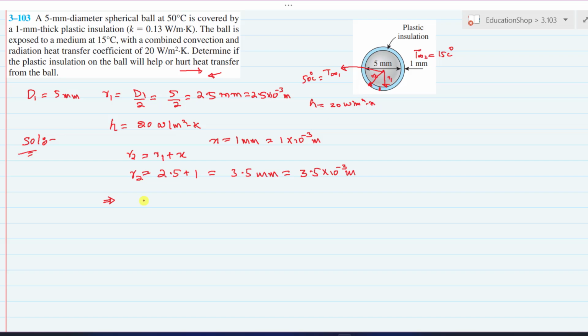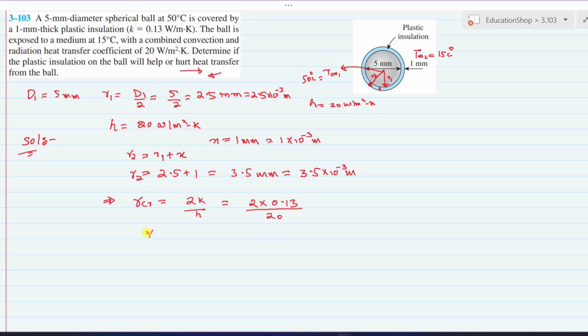Before deciding whether it will increase or decrease the heat transfer, we will calculate the critical radius of insulation, that is R_cr, equal to 2k divided by h for a spherical object, that is 2 multiplied by the thermal conductivity of the plastic insulation, 0.13, divided by the value of h, that is 20.